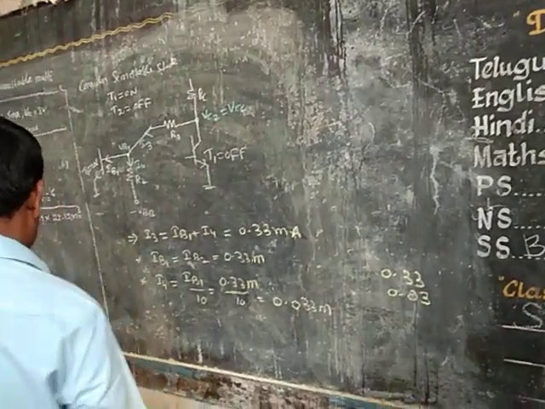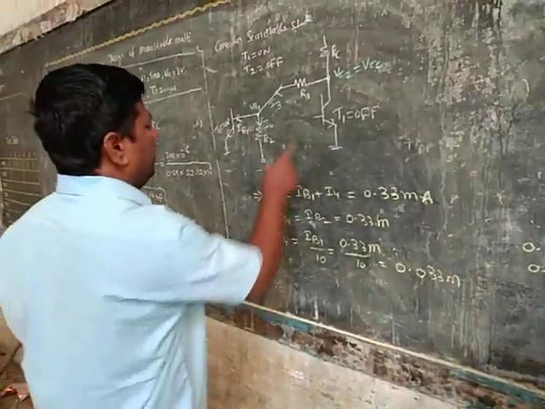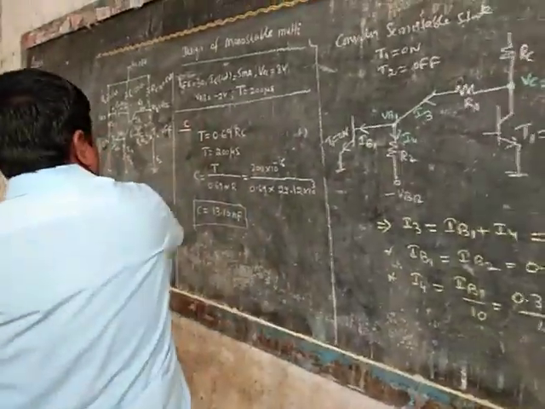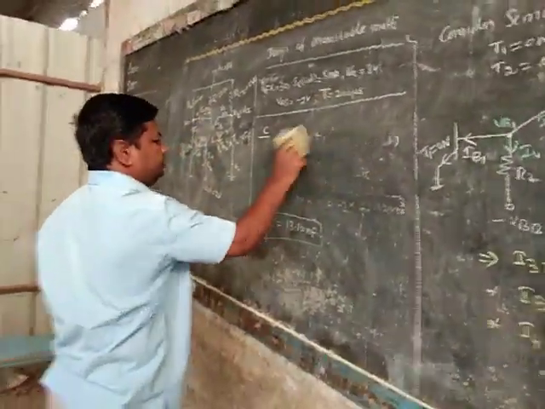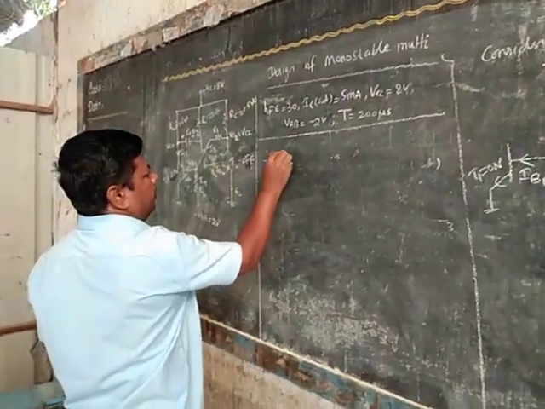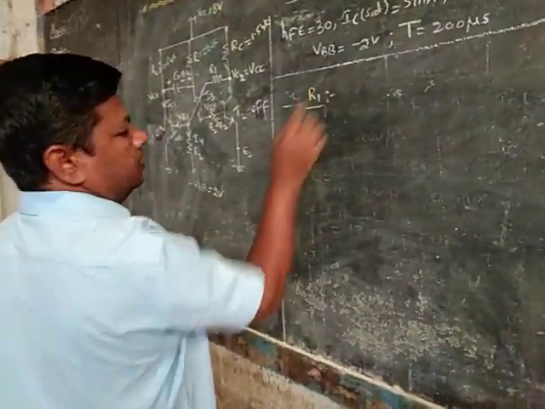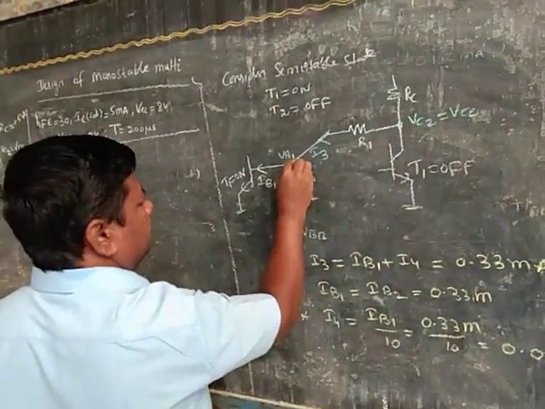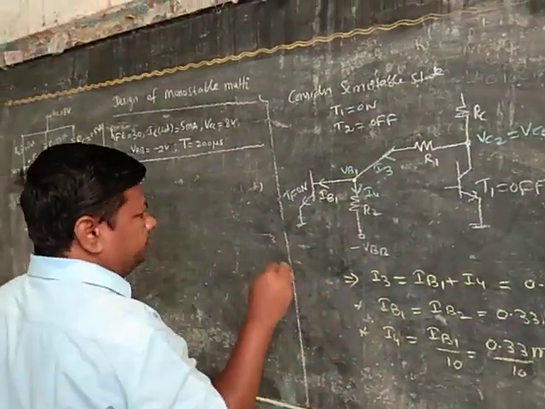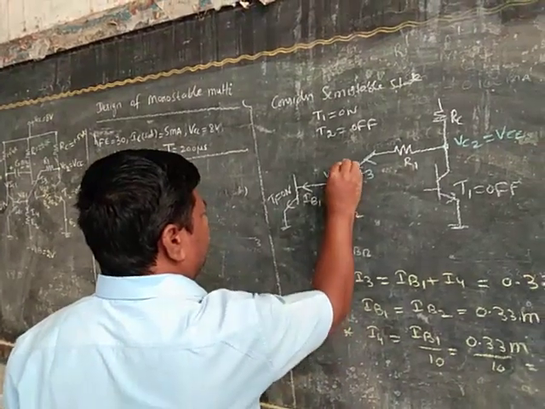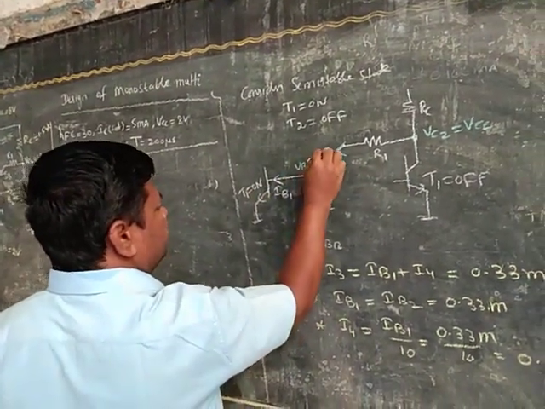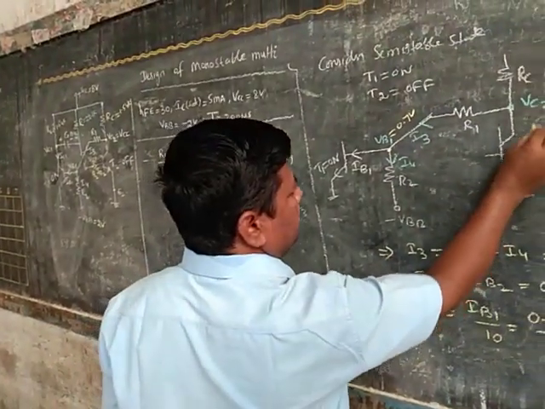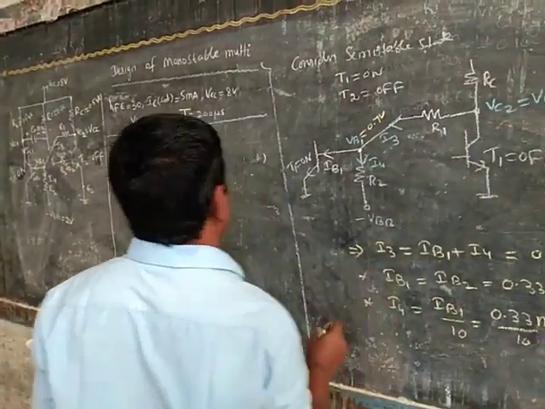Now find R1. Observe here, between these two branches, T1 transistor on, its VB1 is equal to 0.7 volts. T1 transistor off, its collector voltage is VCC.